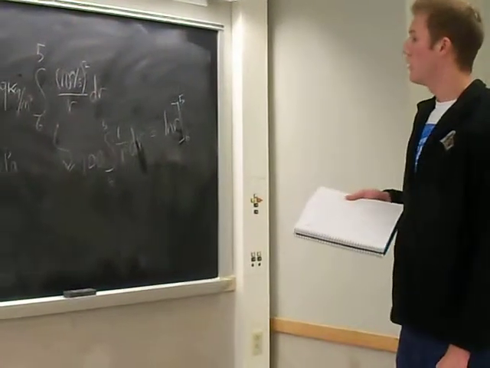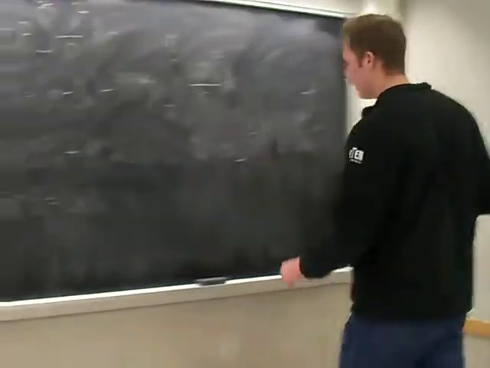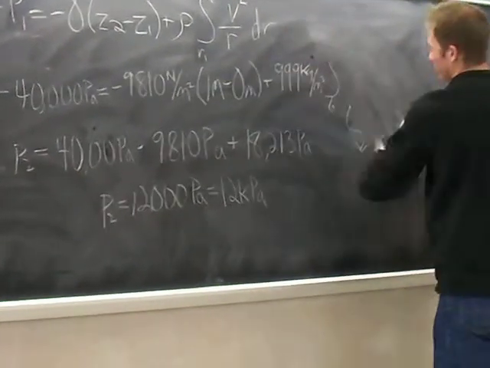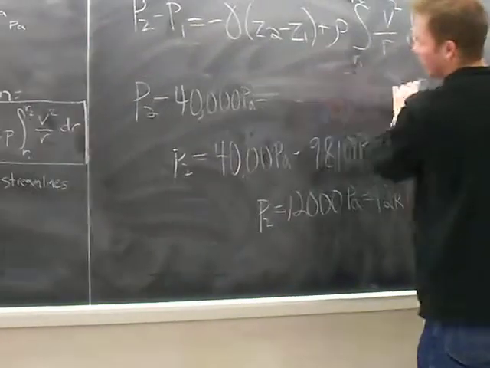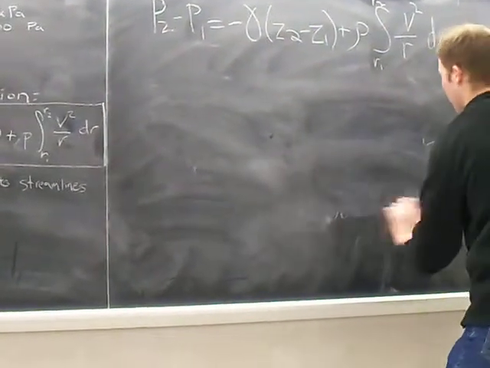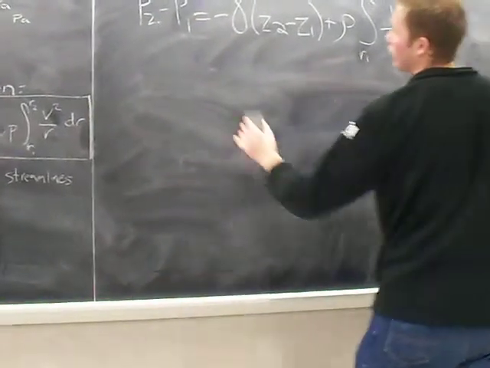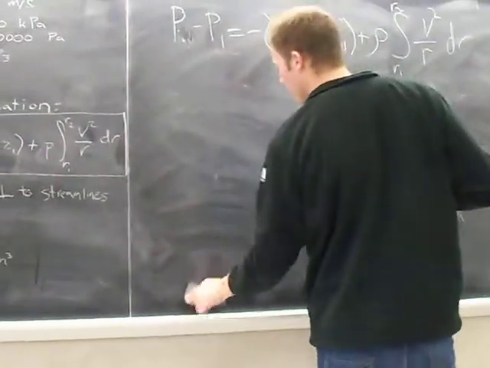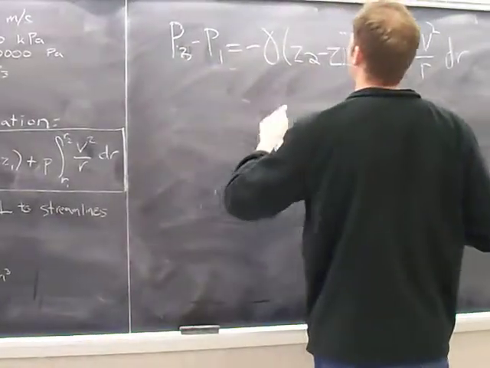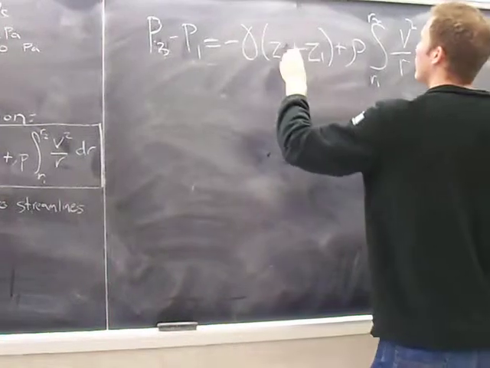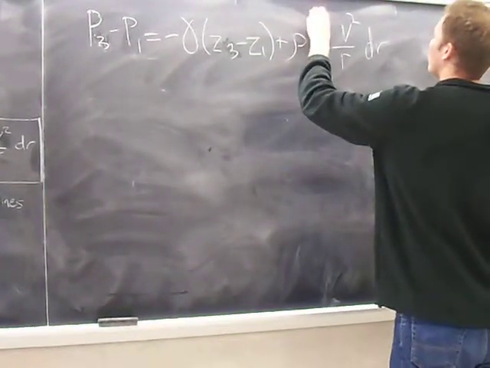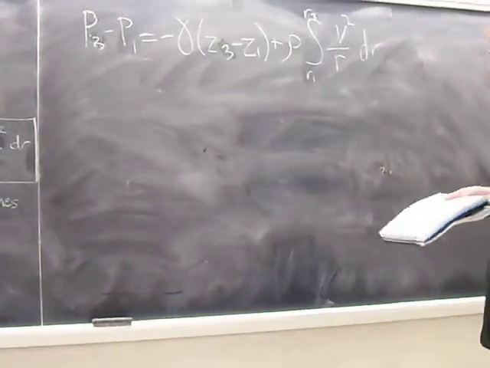And P3 will basically be the same thing, except we'll just solve between points 3 and 1 now. So we'll just change this to point 3, and then this will be Z3 now. It's the exact same thing.